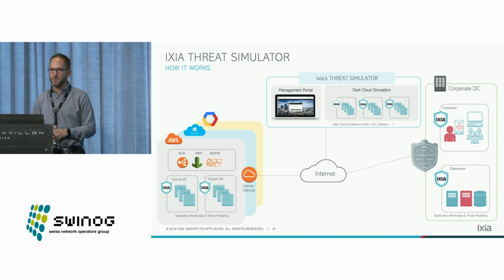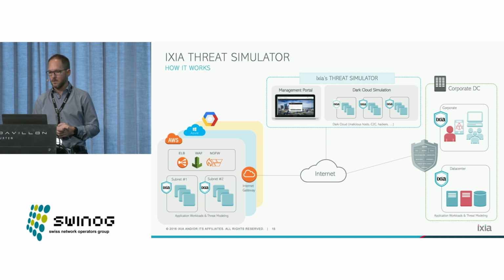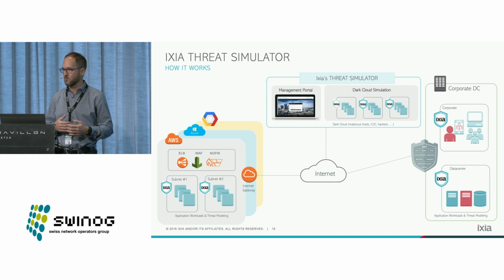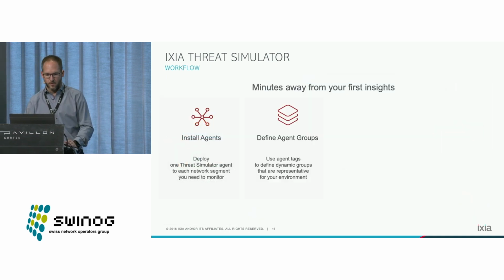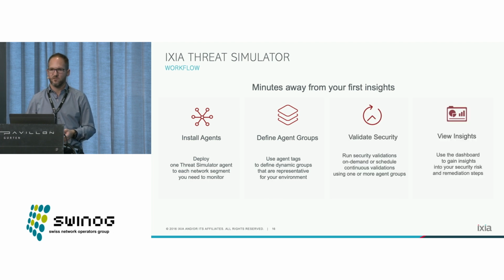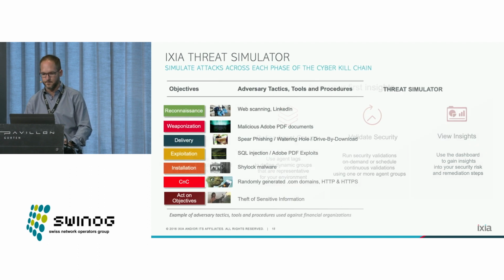You have a management portal where you configure everything, and finally you can execute security threats and attacks. The workflow is you install the agents, which takes just a few minutes, define the agent groups, and start validating the security infrastructure and getting the insights.